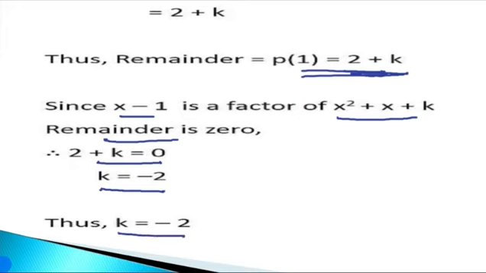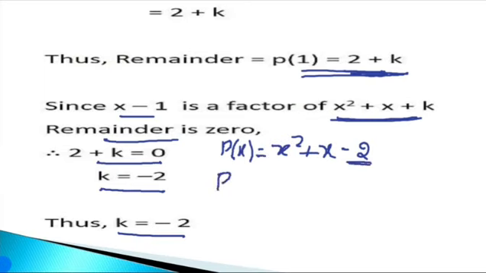Now verify your answer with the given p of x. Here, children, p of x becomes x square plus x minus 2. So this is our p of x now after finding the value of k. Now put the value of x as 1.